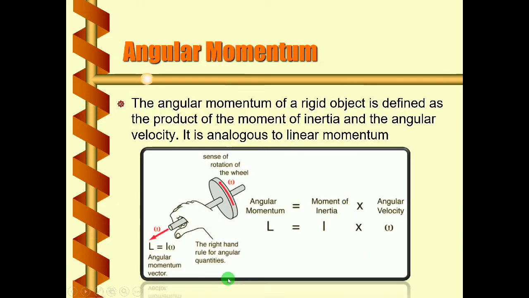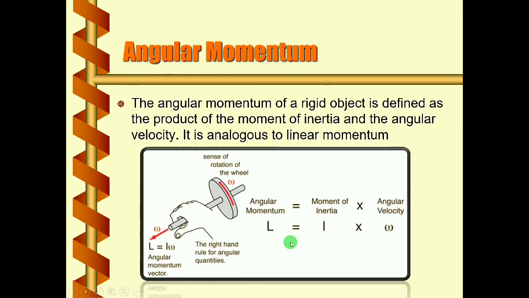Next, in the derivation we will derive that L equal to I omega. Here I is the moment of inertia, omega is the angular velocity, and L is the angular momentum. In our next derivation, we will derive this relation.